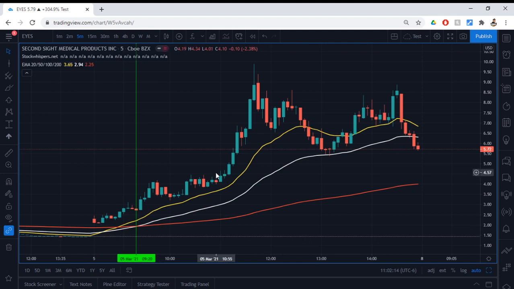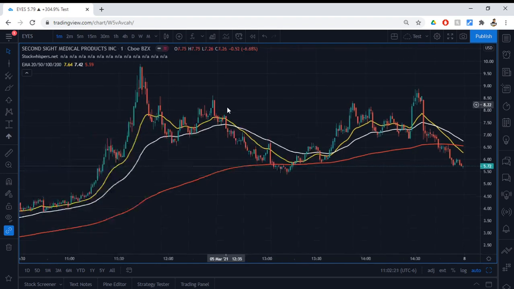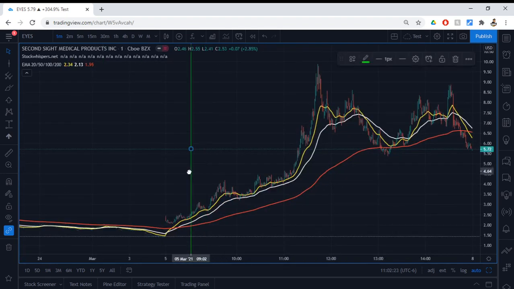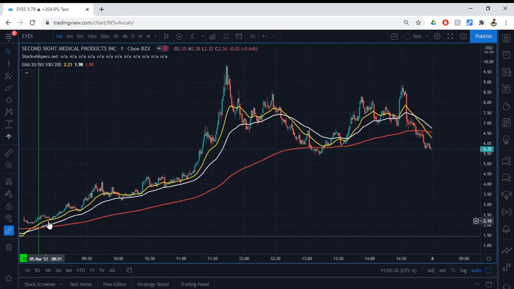If you want to use this as a guide, if I go to the 1-minute chart, it will be different, right? So they're stacked from this moment on, a little further back. But you can see here all through this movement that the 20-day is above the 50-day, which is above the 200-day.